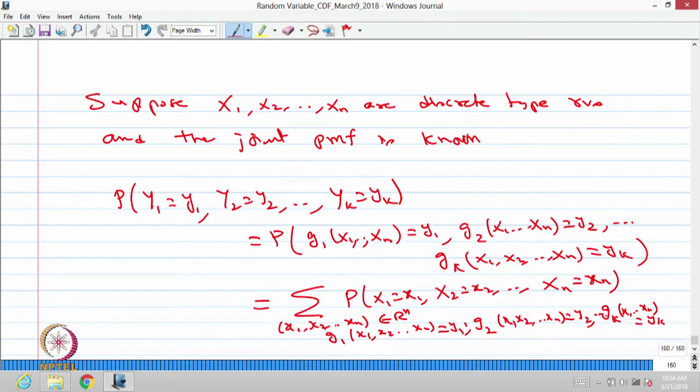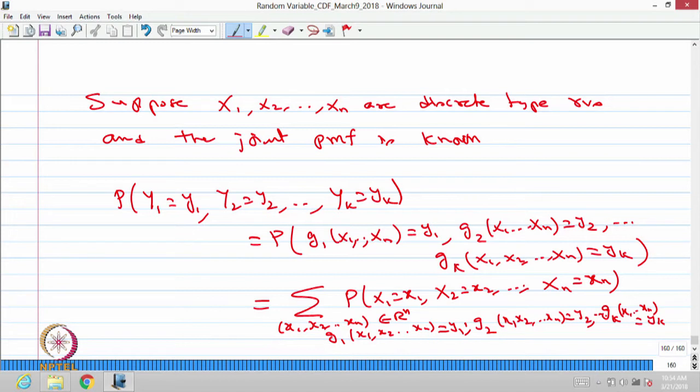Finding out the joint probability that x1 takes a value small x1, x2 takes a value small x2, and so on, xn takes a value xn, that is going to be the probability that the random variable y1 takes a value small y1, similarly the random variable y2 takes a value small y2, and so on, the random variable yk takes a value yk.